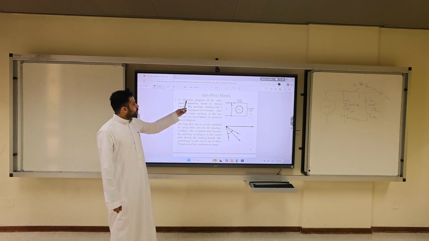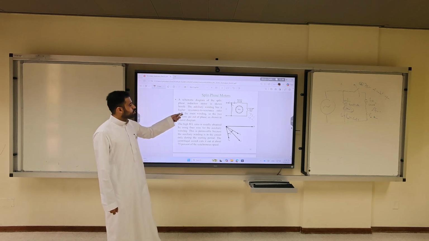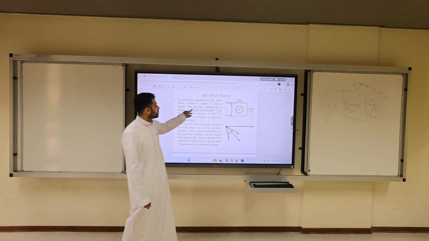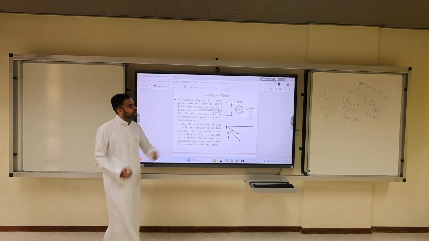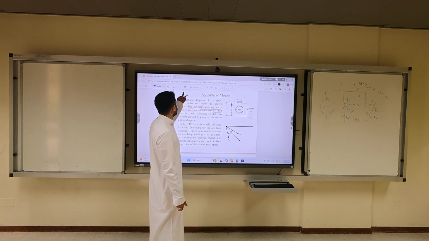This diagram, we call it a split phase induction machine, is shown where the auxiliary winding has a higher resistance to reactance ratio. So now we have a higher R over L ratio. It means I'm making L smaller, because if I have a higher R over L number, L has to be smaller.